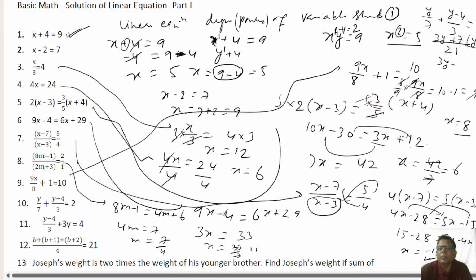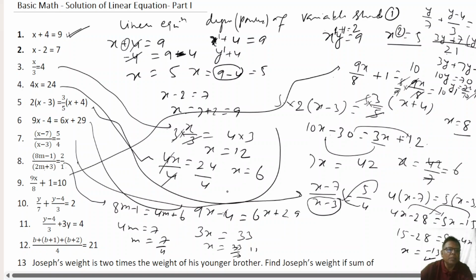Then 3y plus 7y minus 28 is equal to 42. Then 10y is equal to 28 plus 42, which is 70. Then y is equal to 70 by 10, that is 7.